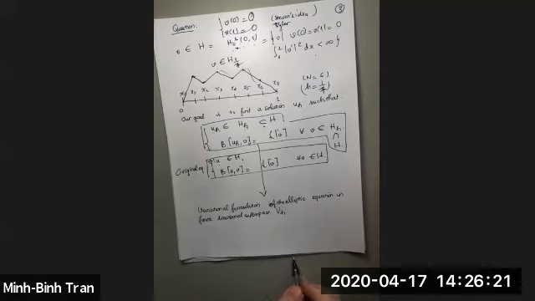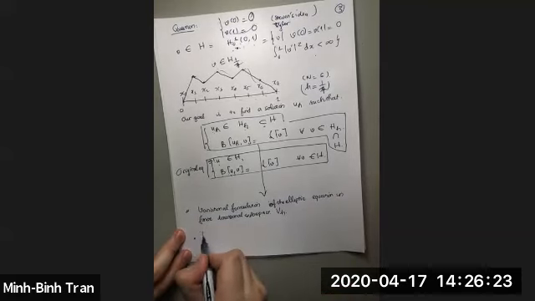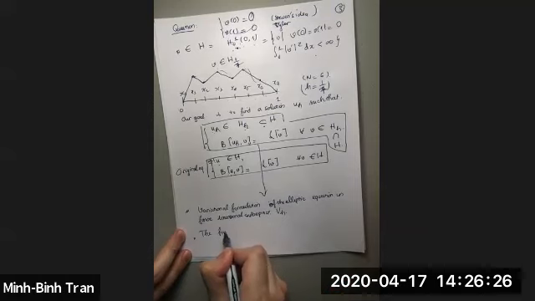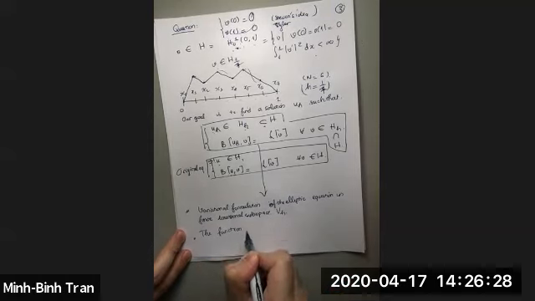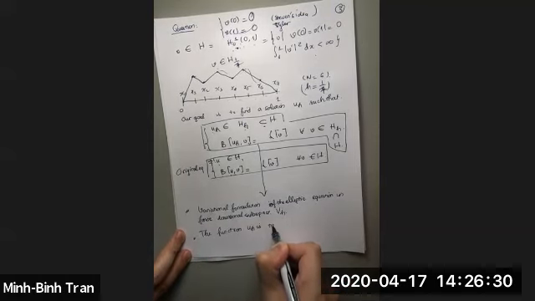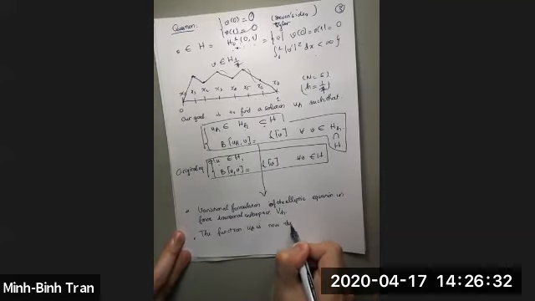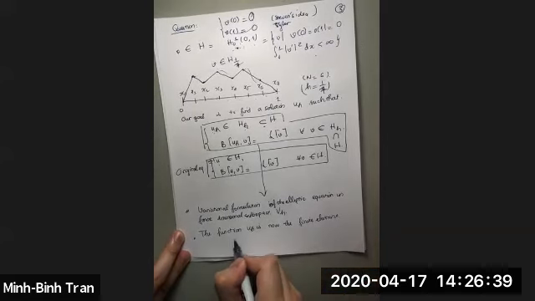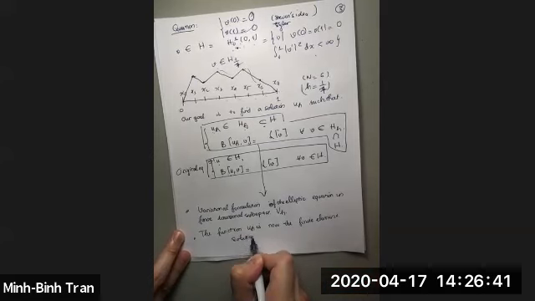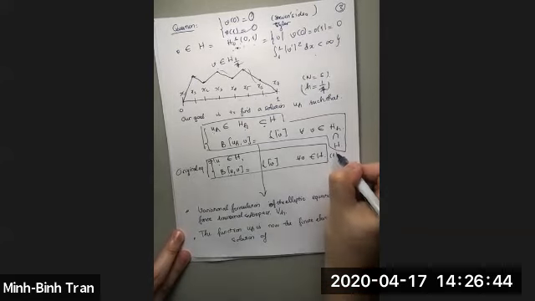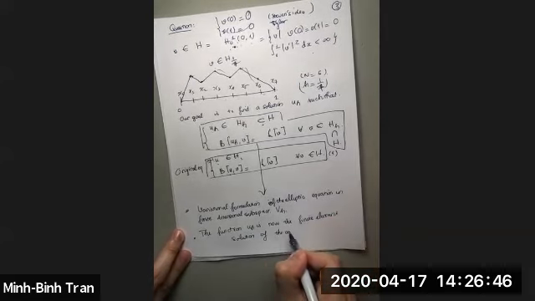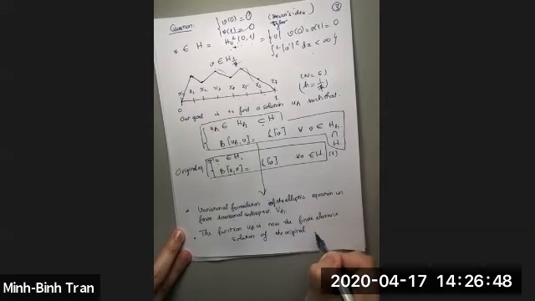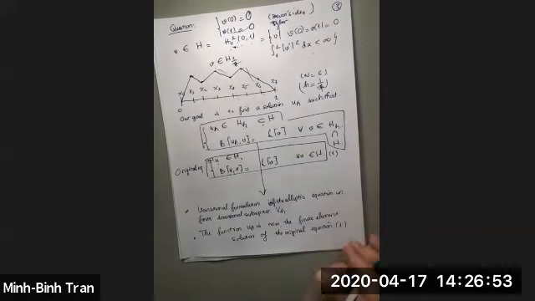All right, and the function UH is now the finite element solution of the original equation 1.